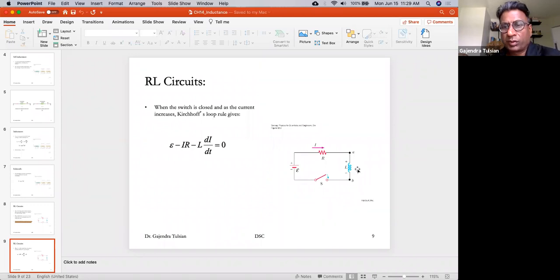What we want to do is, since we are mathematically very sophisticated, look at a system and write down a mathematical model for its behavior. We're going to close the switch, and now the current varies with time.